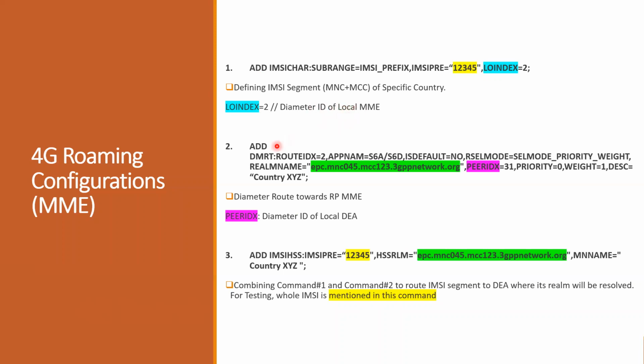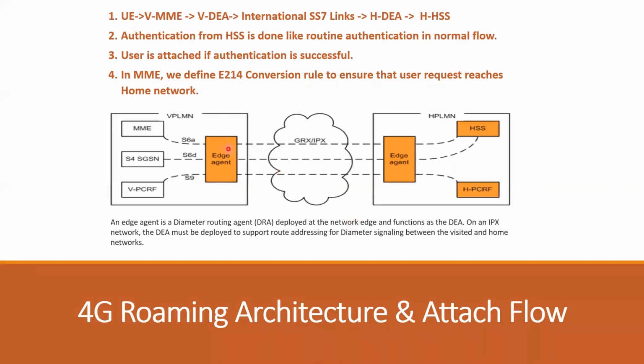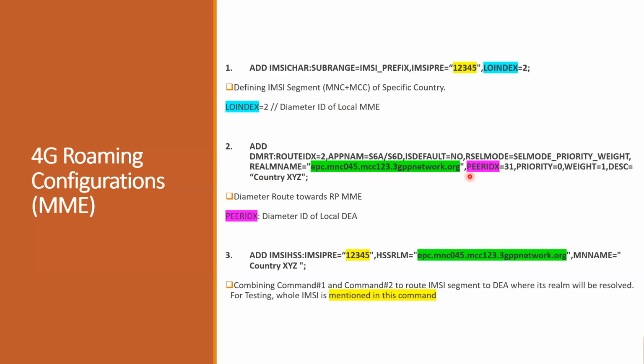The second command is basically to add a diameter route. So you need to add a diameter route towards that specific roaming partner MME. And you need to mention a tier ID as well, which is going to be the diameter ID of your local DEA. Okay. So this local DEA is defined in your diameter agents, which we looked at earlier, of how the configuration of S6A and S6T is done.